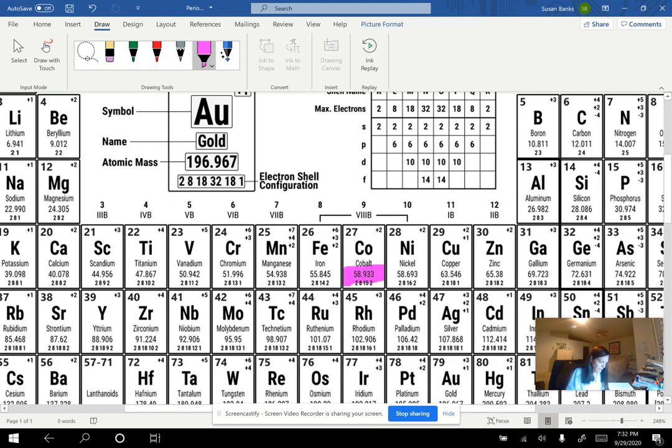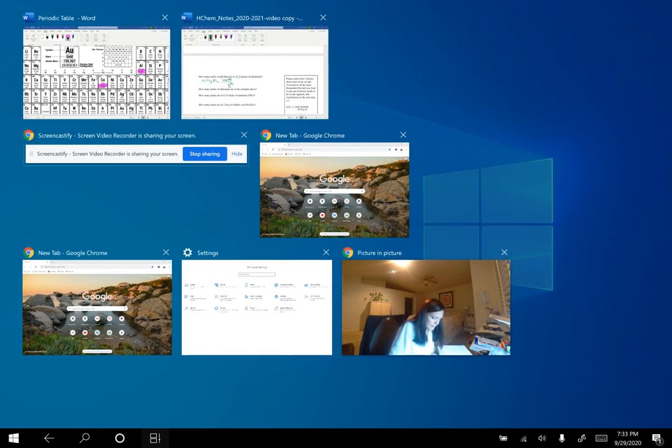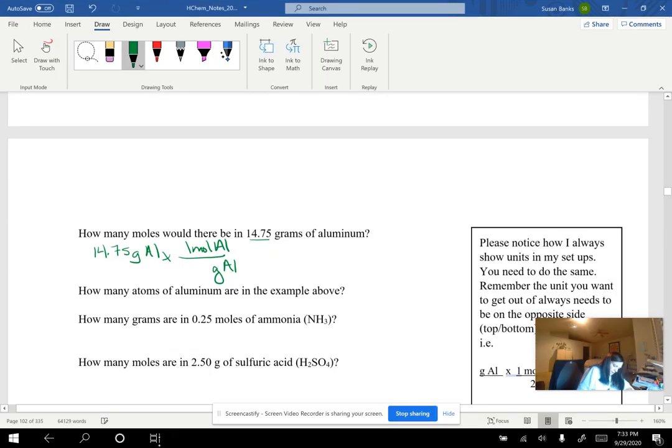Okay, so let's look for aluminum. Aluminum's right here. I've got 26.98 grams in 1 mole of aluminum. Okay, so 26.98 is what I'm going to put on here. So 26.98 grams of aluminum. Notice my grams of aluminum cancel. I'm left with moles, which is what I want, right?